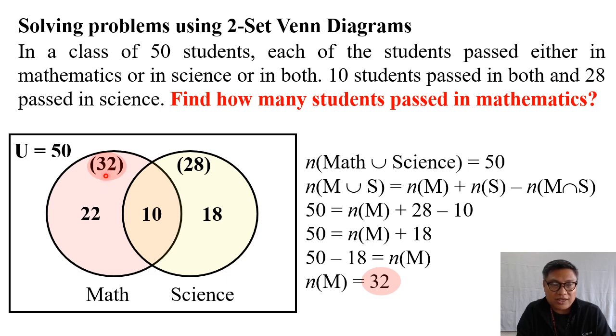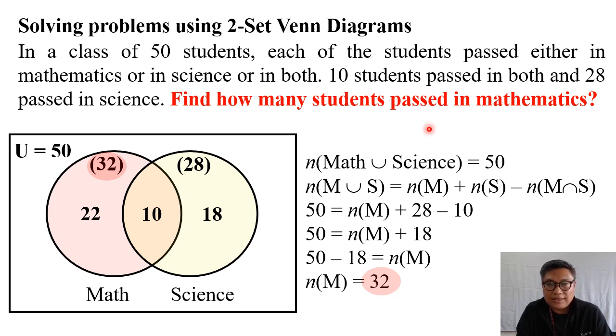Now, if you break this down, of this 32, 22 passed in mathematics only, while the other 10 passed in mathematics, but at the same time in science as well. So the answer now will be 22 plus 10 equals 32.